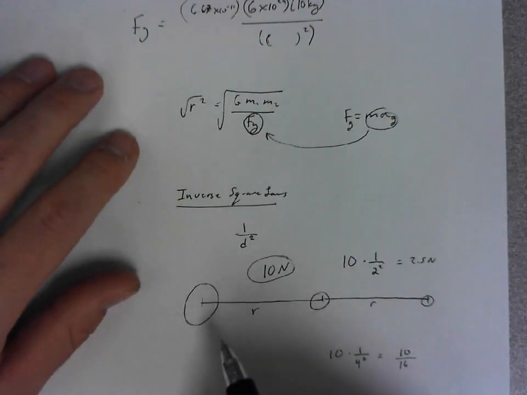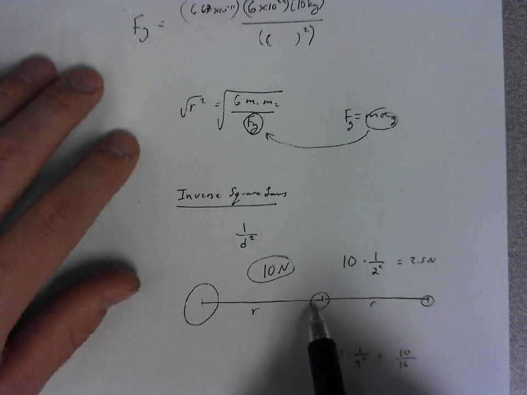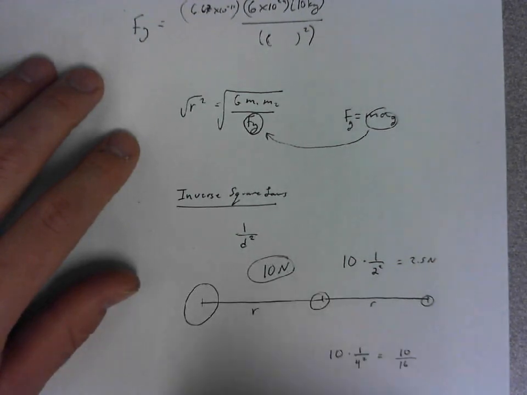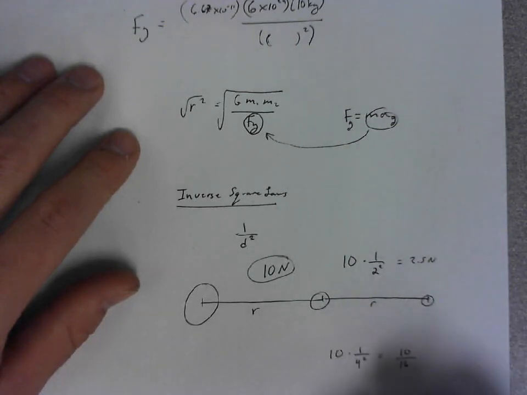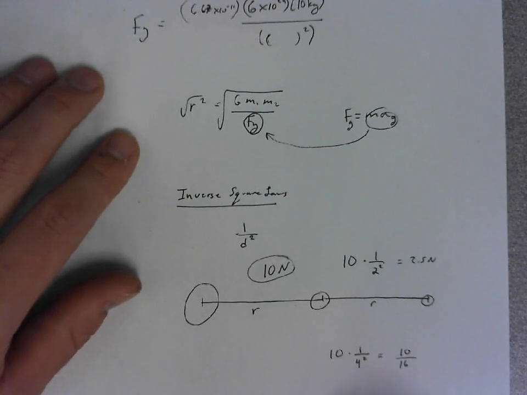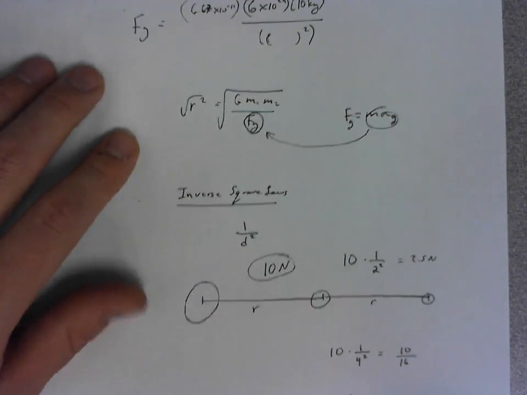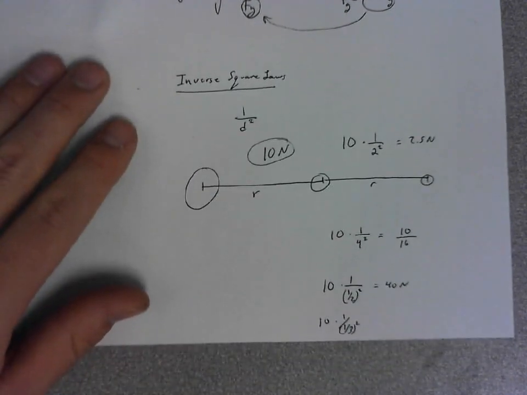Let's take this object and drop it halfway the distance, so it's quite a bit closer. You keep the same idea and go 1 divided by 1/2 the original distance squared, and that turns into 40 newtons. Or 1/3 the original distance, so you do 1/3.